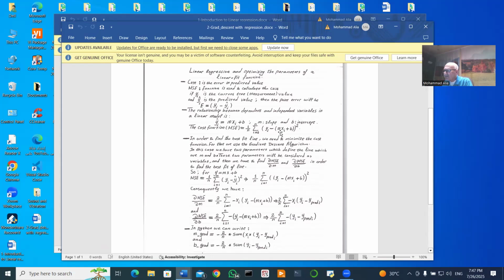By doing that, we can get the minimum, and then we can define the values of m and b, or in other words, we have defined the best fit line.